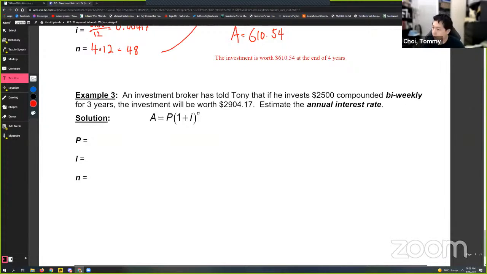If you have a root function on your calculator, this becomes a lot easier. If you don't have a root function, you're going to have to guess it. For those with a root function on their calculator, you are able to do that on your calculator. I'll show you what I mean very shortly.